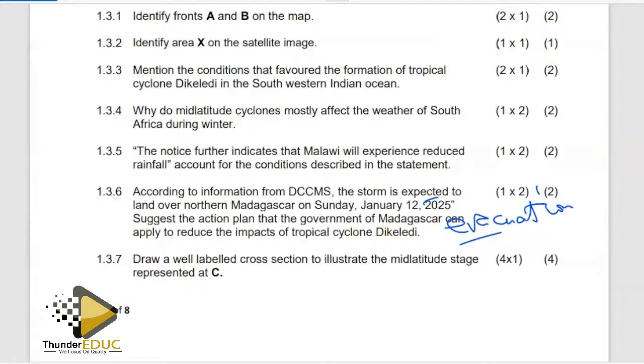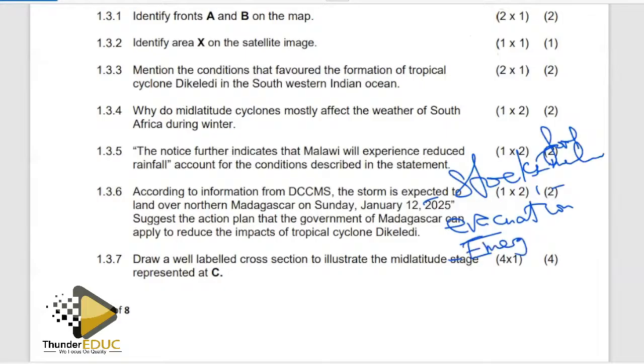Or you can talk of preparing stocks of food, or stocks of medication, or whatever. The government must put in place stock measures to ensure that people have enough supplies during the storm situation. Or you can talk of emergency services.